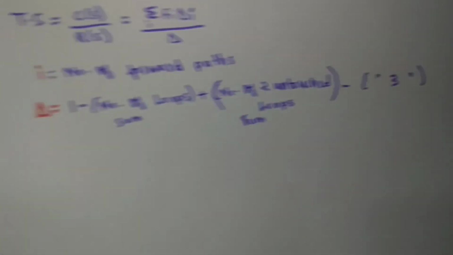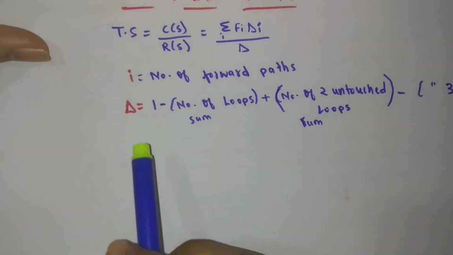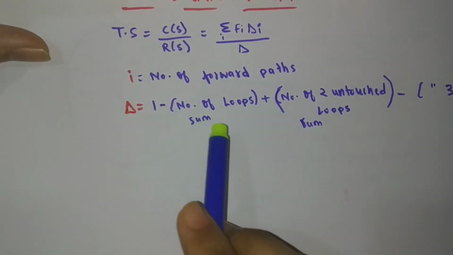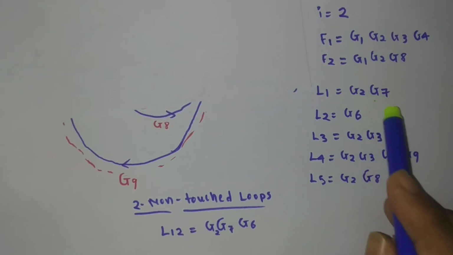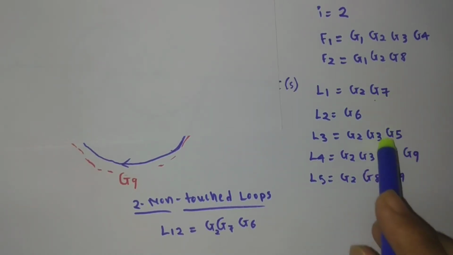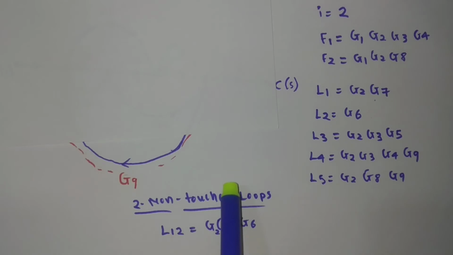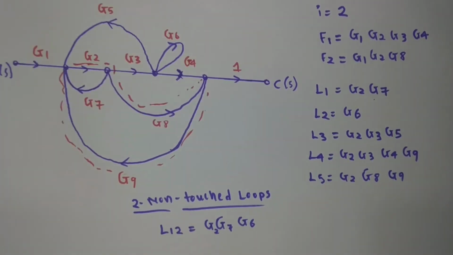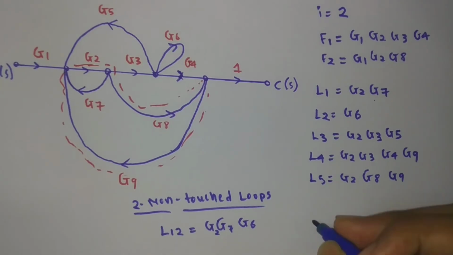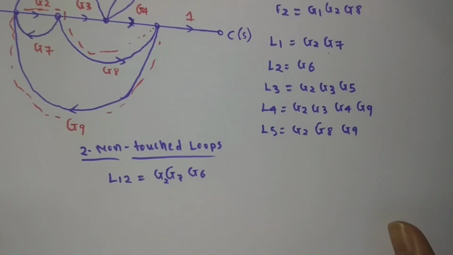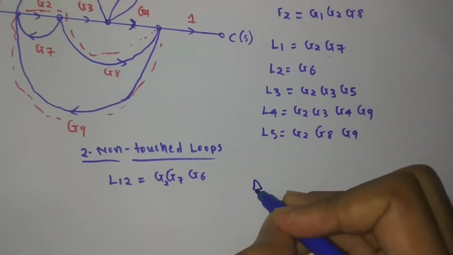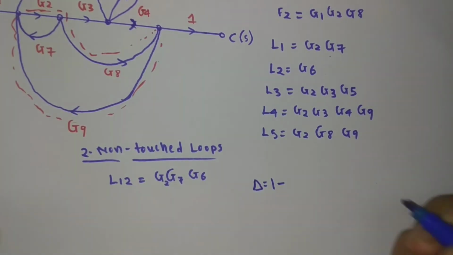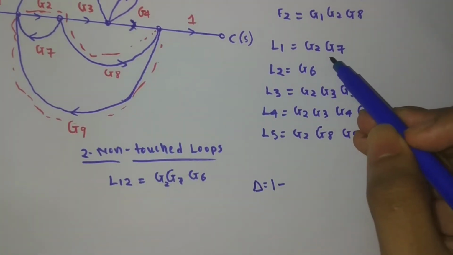And now we have to find the value of the determinant, that is 1 minus the sum of these loops that we know, plus the sum of 2 untouched loops. So here there is only 1 pair of untouched loops. Let me write it over here: 1 minus the sum of all the loops.